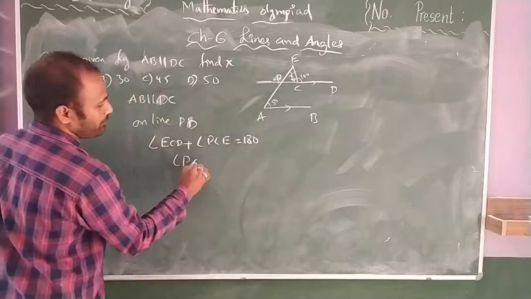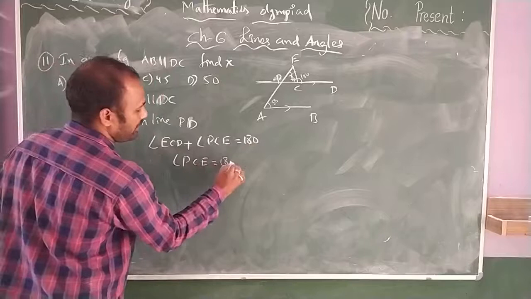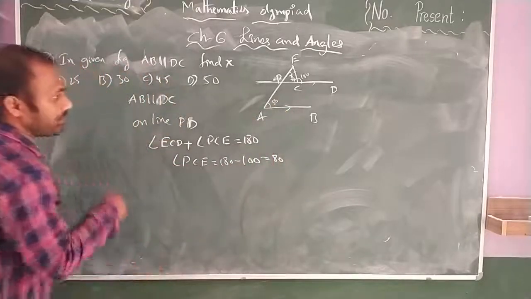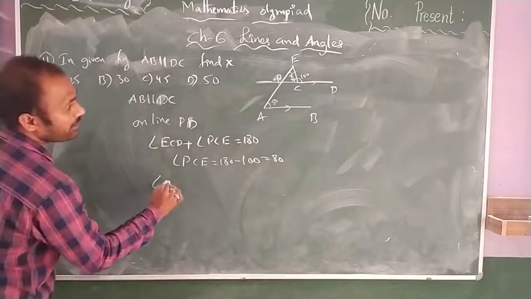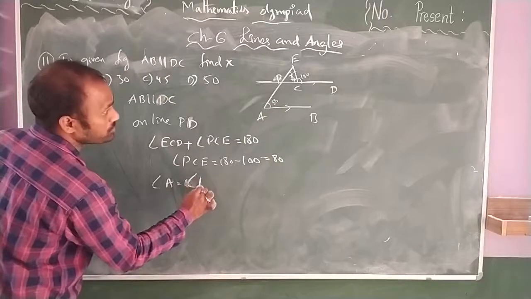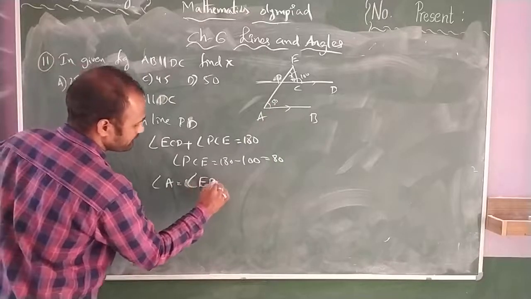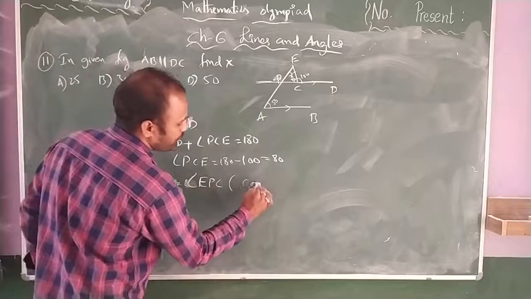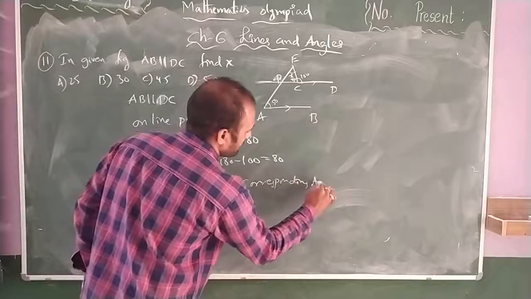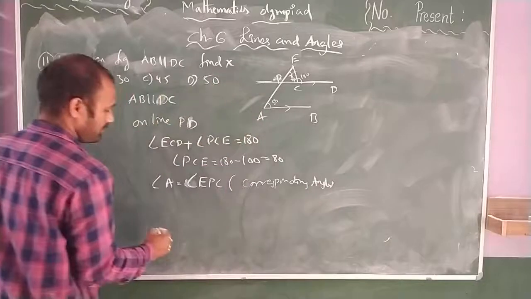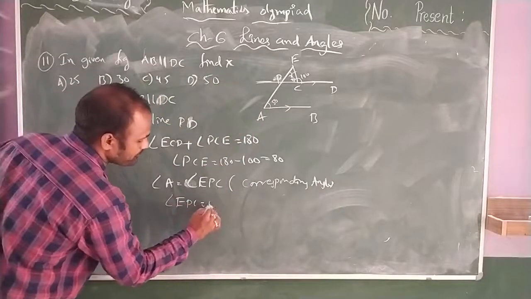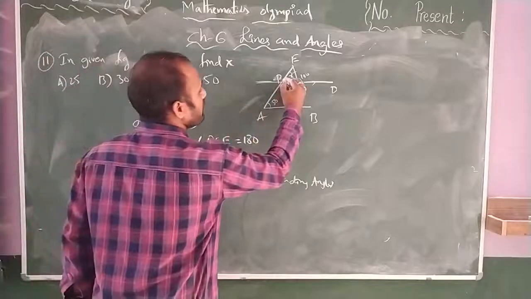So angle PCE will be 180 minus 100, which is 80. I have done this. Next, angle A is 50 degrees. Angle A will be equal to angle EPC. Reason is corresponding angles. Angle EPC is also 50 degrees. Here we can get 50 degrees.